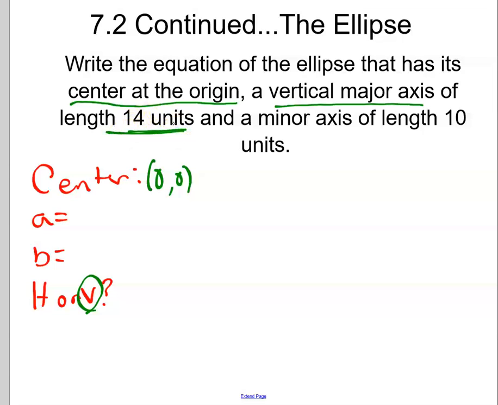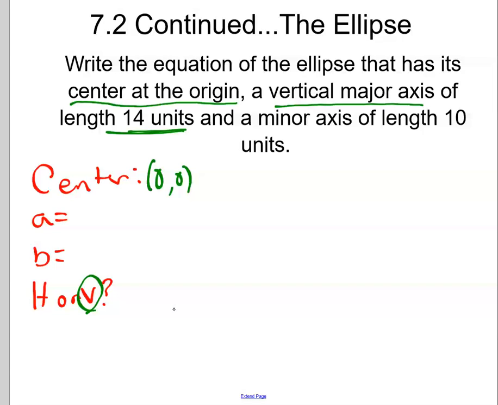So thinking back to how we did our graphing, we found our center, and then we figured out what our A and our B were. The A is what we went either to the left and right or up and down, depending on whether the A was underneath the x's or the y's. But that always told us the major axis, because the A was always the bigger one.